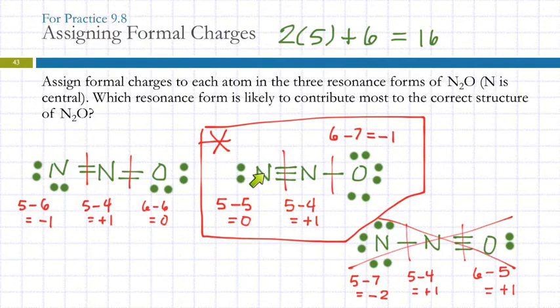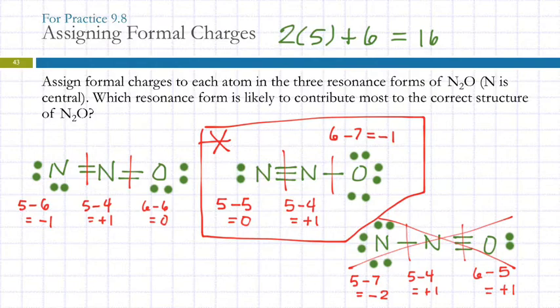But this triple bond on the nitrogen lets me know that that nitrogen is going to have a zero formal charge. And so anytime I can move bonds around so that atoms have the desired number of bonds, I'm going to have lower formal charges. And so generally that's going to be better. The reason that this one is better, though, is because the negative formal charge is on the more electronegative element.